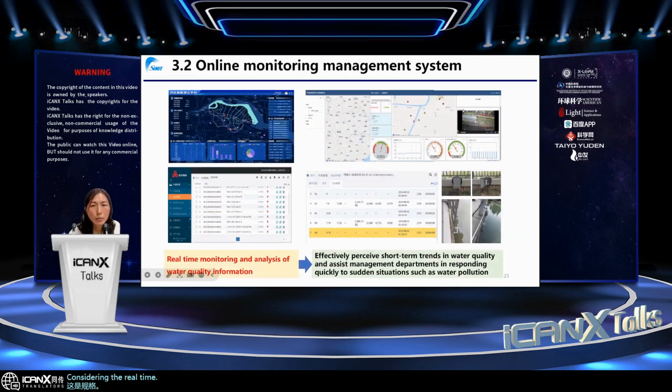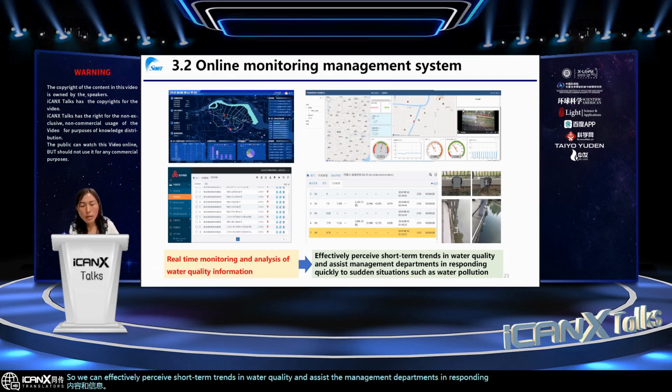Considering real-time and online monitoring, we have established the management system. It could realize real-time monitoring and analysis of water quality information. So we can effectively perceive short-term trends in water quality and assist the management departments in responding quickly to sudden situations such as water pollution.